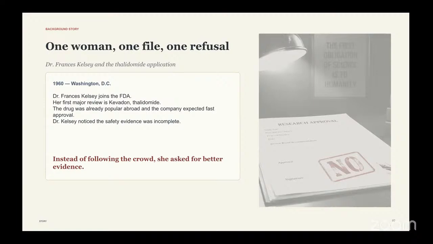It's also worth mentioning it was one of her first days on the job. But when she reviewed the evidence, she noticed something important: there were still unanswered questions about safety. So instead of assuming that because everyone else is comfortable with it and many countries are using it, she should be too, she asked for better evidence.